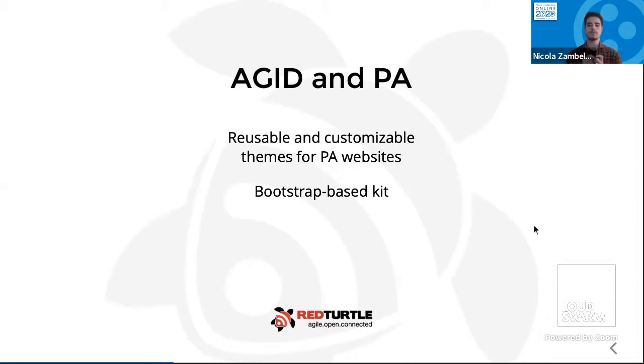AGID also brings a bootstrap-based kit. We didn't adopt it in the first version because it was a mess, and we chose not to adopt it because we wanted to start from scratch.